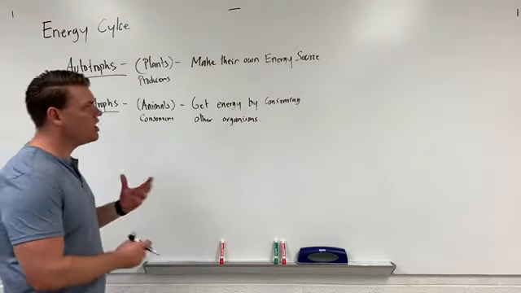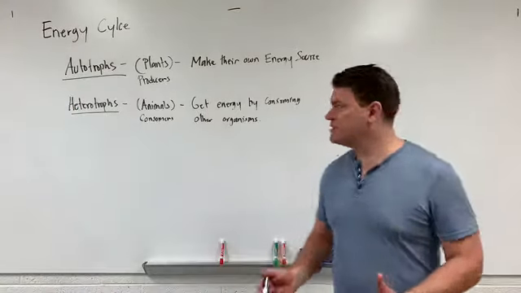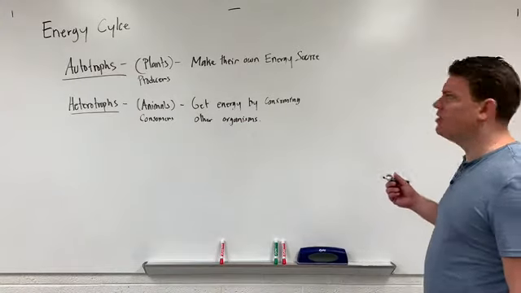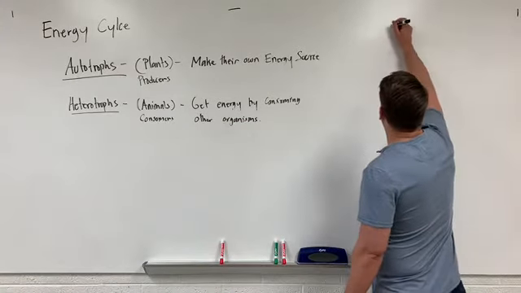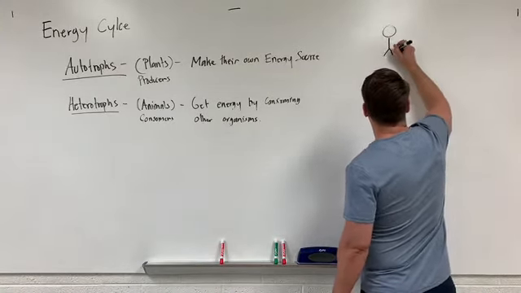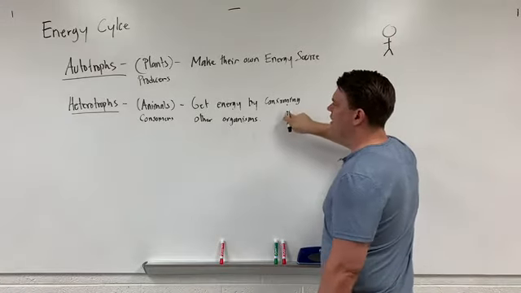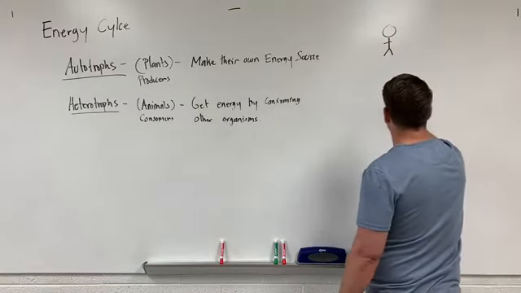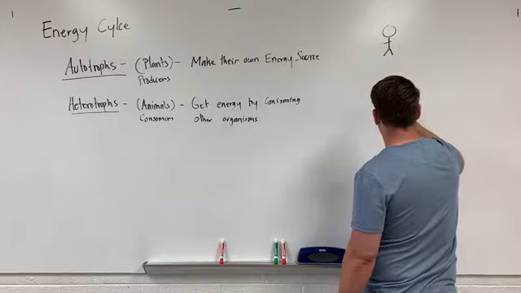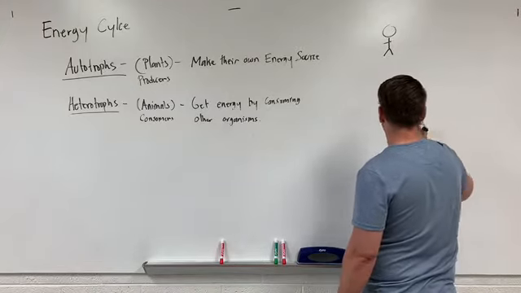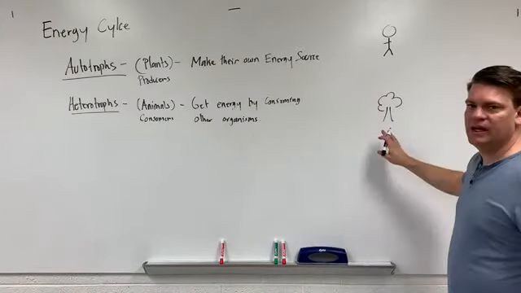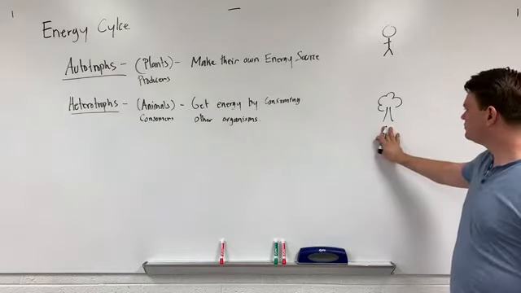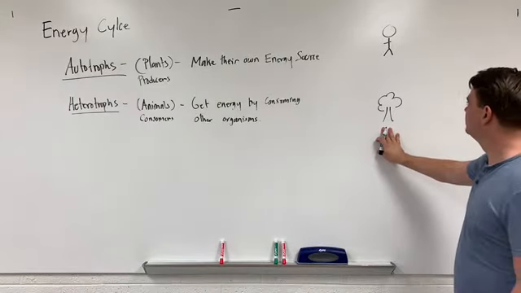And so we're going to draw a picture of this energy cycle and how it works. Here we have our human, who's going to be our heterotroph, and we have our plant, which is going to be our autotroph.